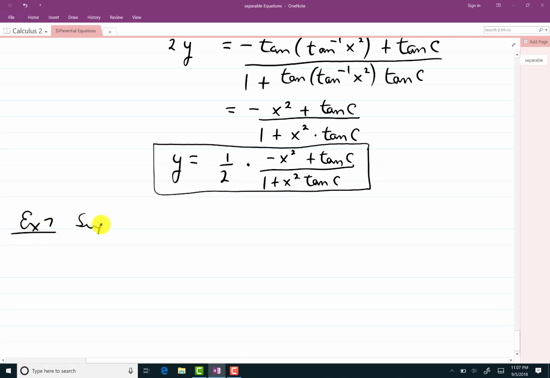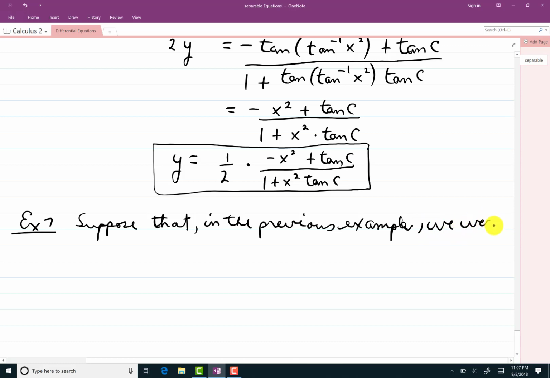Suppose that in the previous example, we were given the initial value of y of 1 equals 0.